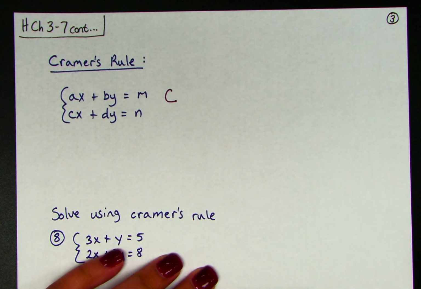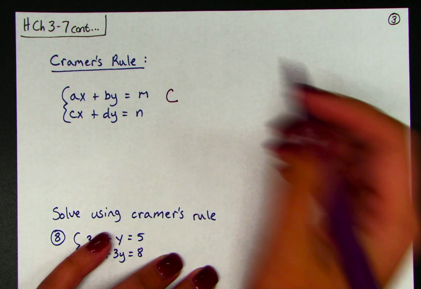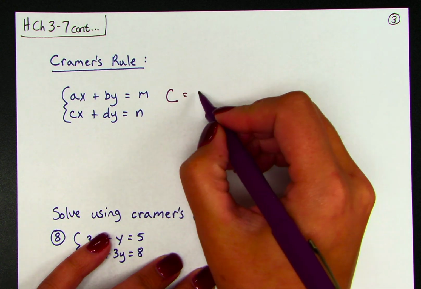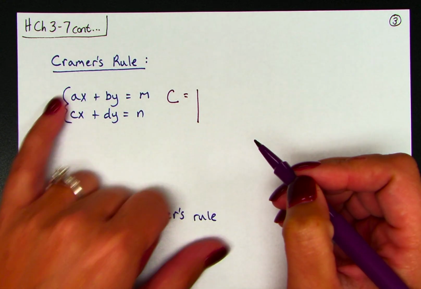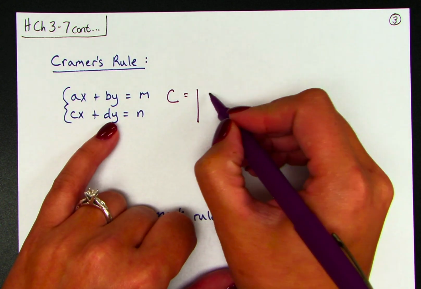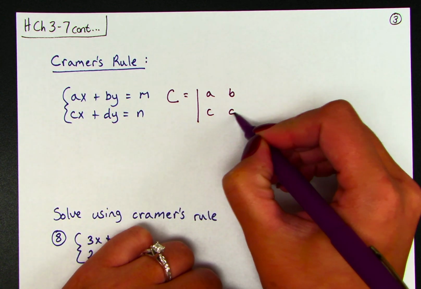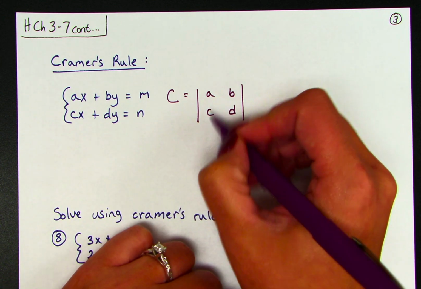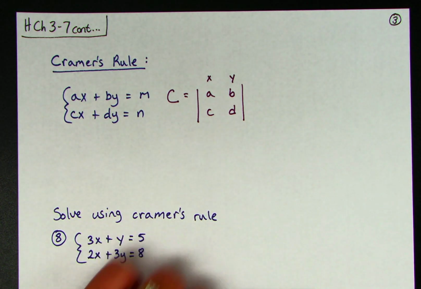It's just kind of a placeholder right now. So our coefficient matrix is going to be equal to the coefficients of this part. So I'm going to put the A, the B, the C, and the D. Okay. So these are always the coefficients with the x and then the coefficients with the y.